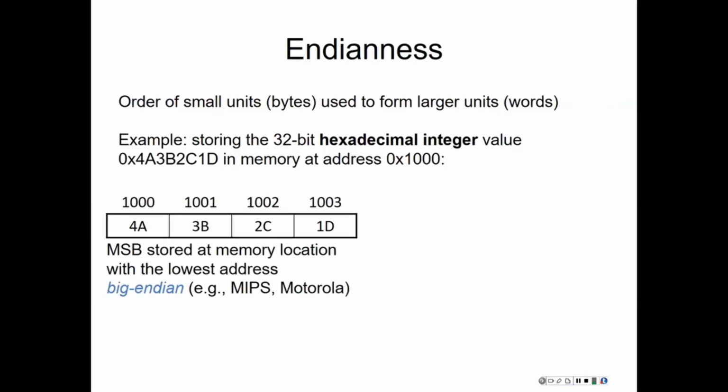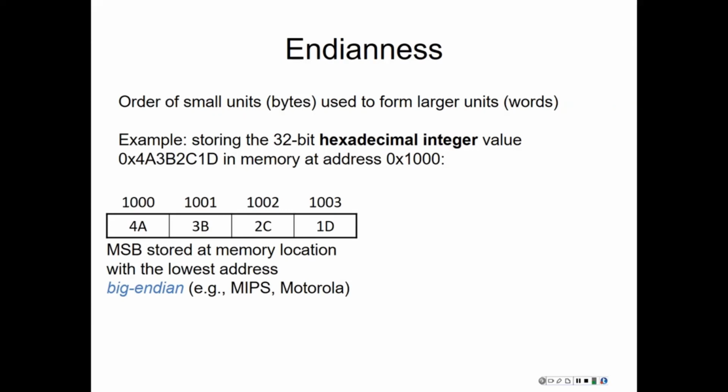So here, the first byte is stored at the memory address starting the word, 0x1000. The first byte of the word is 4A. In hexadecimal, 2 characters of the hexadecimal value is a byte, because each character of hexadecimal is 4 bits, also called a nibble, half of a byte.